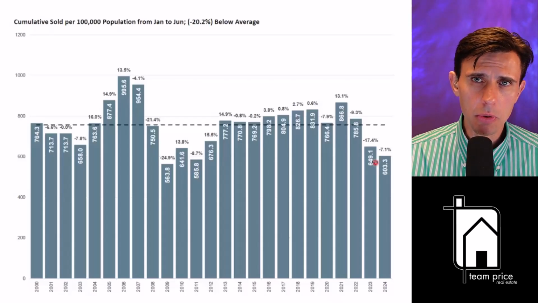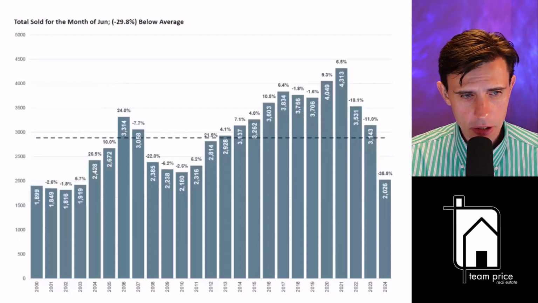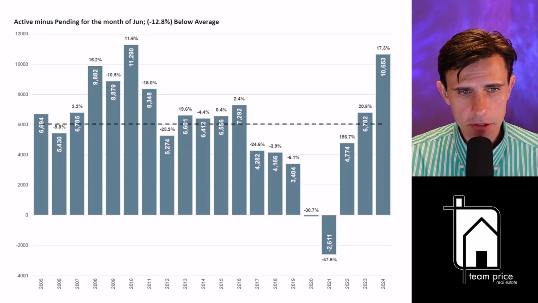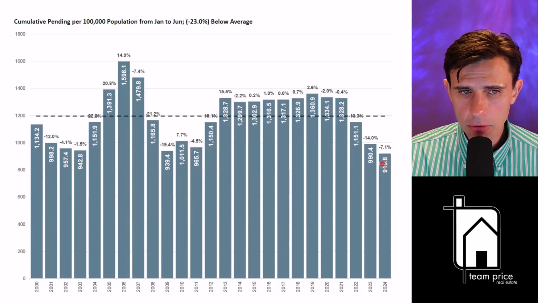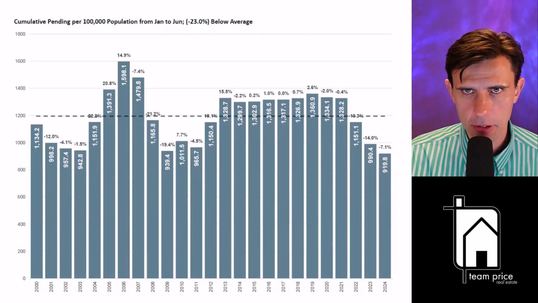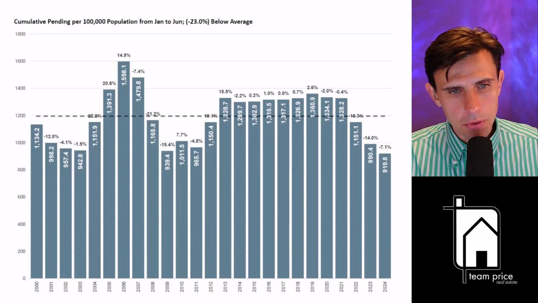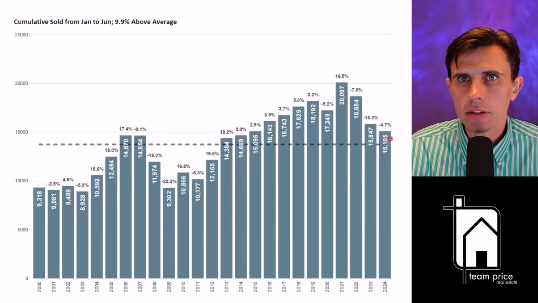So when you look at the new listing to pending ratio and you look at all the properties that are pending, let me go back right here. So withdrawn, expired, active minus pending, pending. There we have it. When you see that pendings are down compared to last year, why would solds be up compared to last year? So we have to further decrease the number of sold properties, because if something doesn't go pending, it doesn't sell.